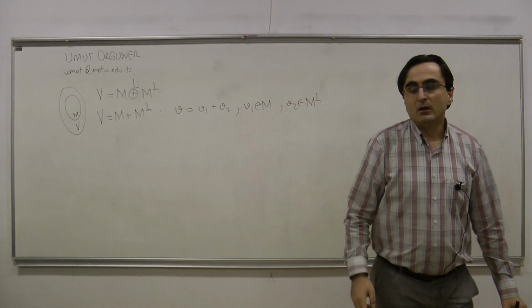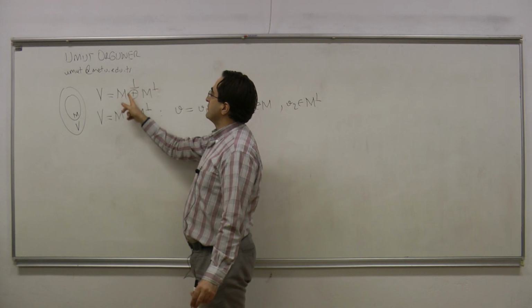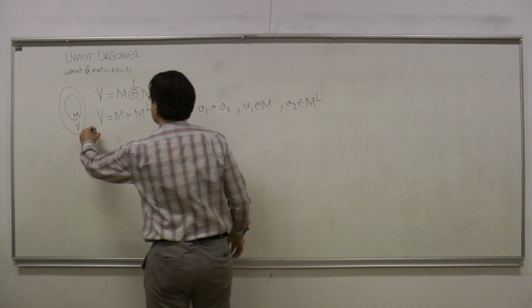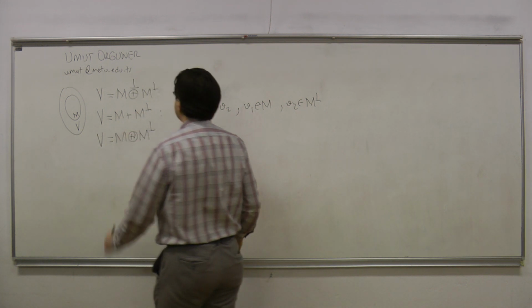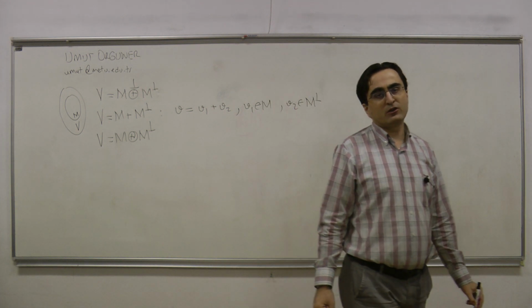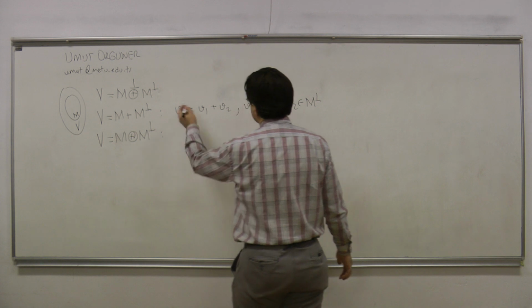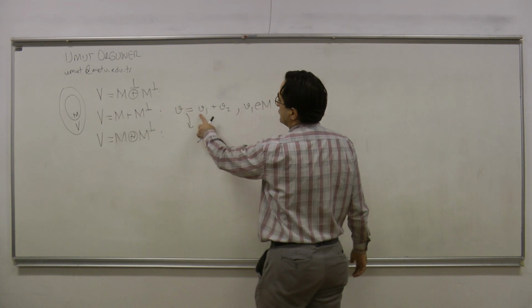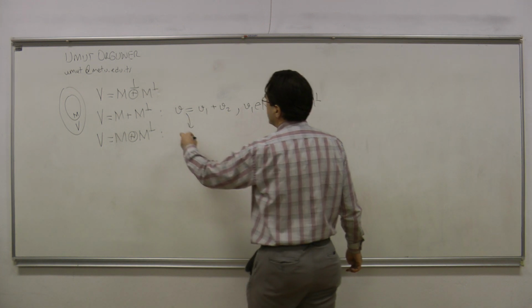and V2 is coming from M orthogonal complement. Remember, on top of this summation sign we have a circle, and that means the direct sum. If I add the direct sum notation on top of this summation, that means a very important thing: in this decomposition of V into V1 and V2, the decomposed components are unique.